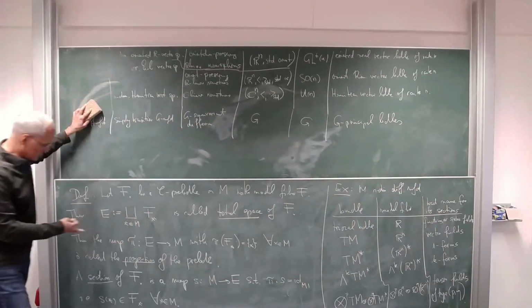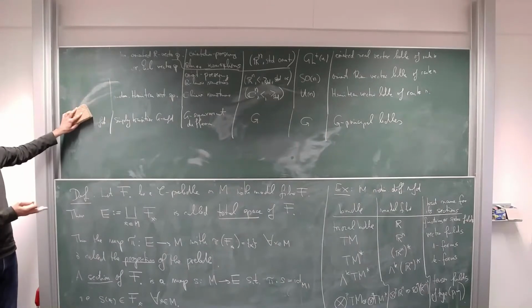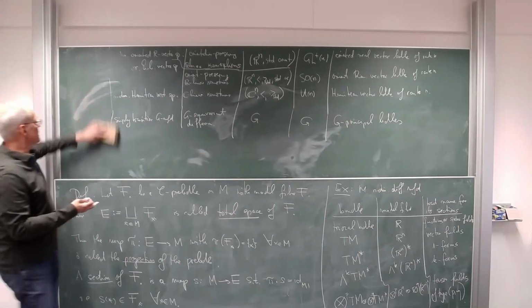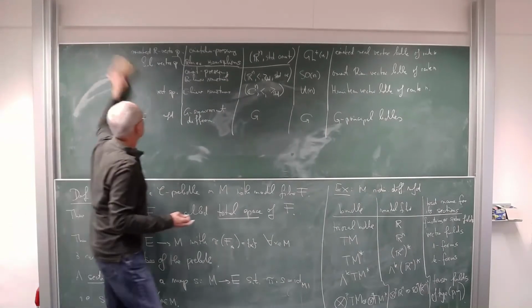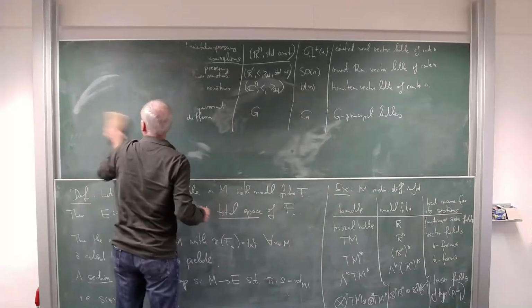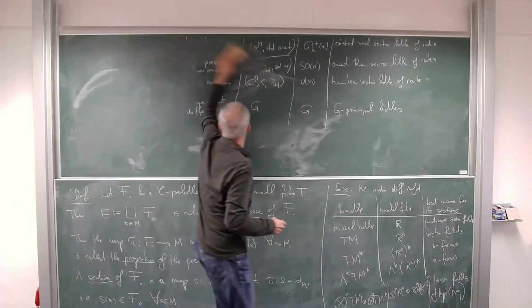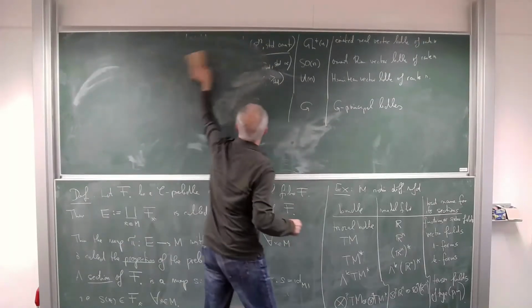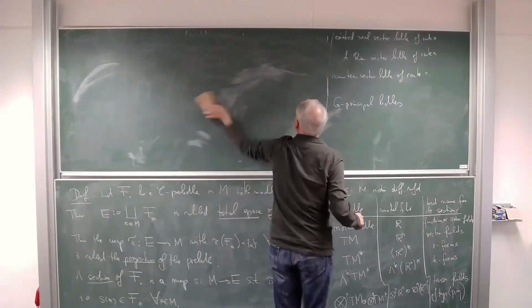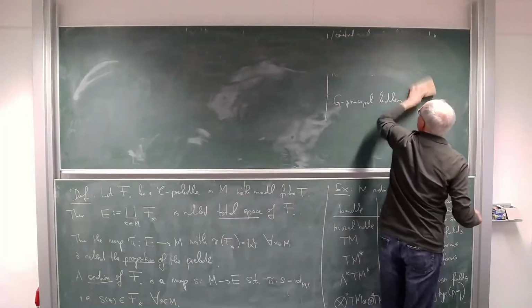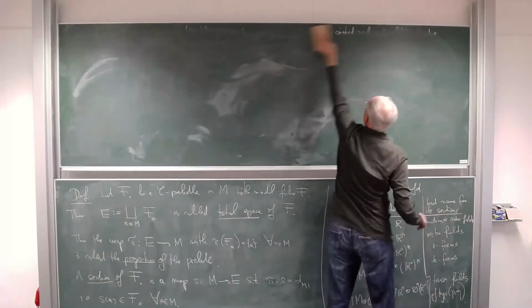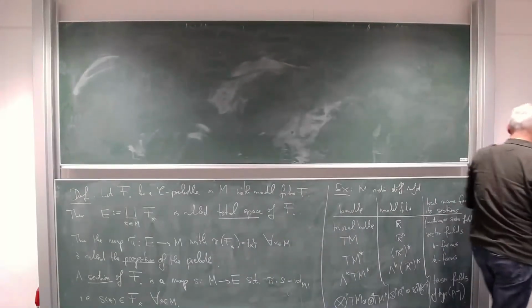And in fact, for this concept of sections, we would be fine with pre-bundles. I also should say, remark: sections of pre-bundles always exist unless the fiber F is the empty set, which is not an interesting case to study.